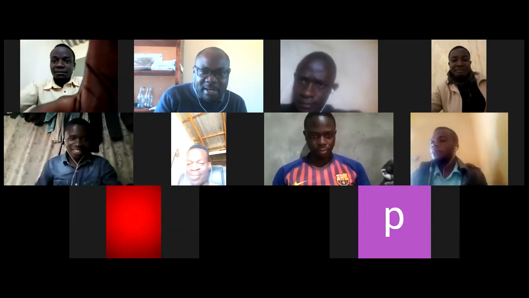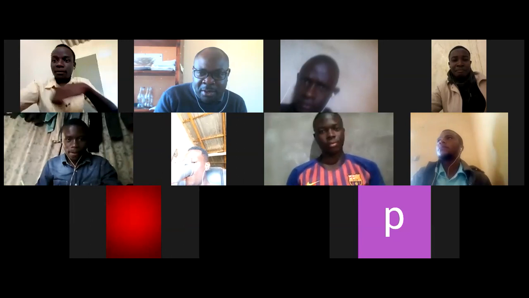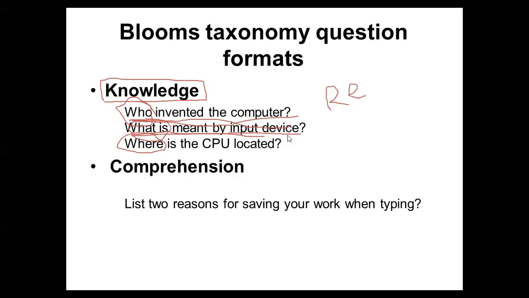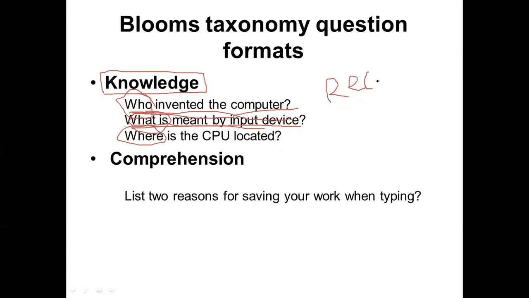Okay, so I was trying to share this with you to say this particular level is just meant to assess if the learner is able to recall what they learned. Altogether, if the learner is able to recall what they learned, okay, who invented the computer?